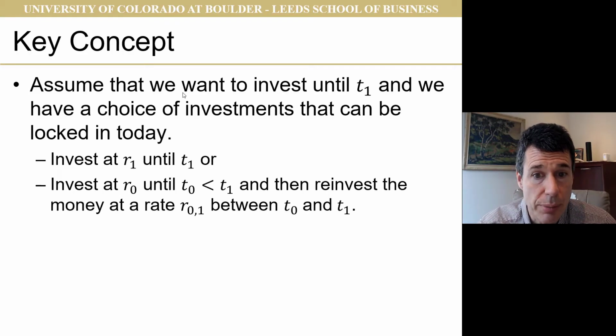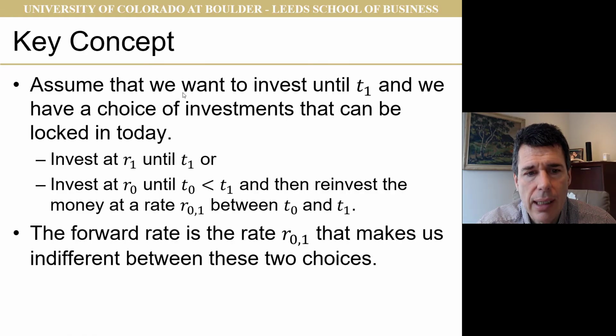The alternative would be to invest at R0 until sometime before T1 and then reinvest the money at some other rate, we'll call that R01, between T0 and T1. The forward rate is the rate, R01, that makes us indifferent between these two choices.